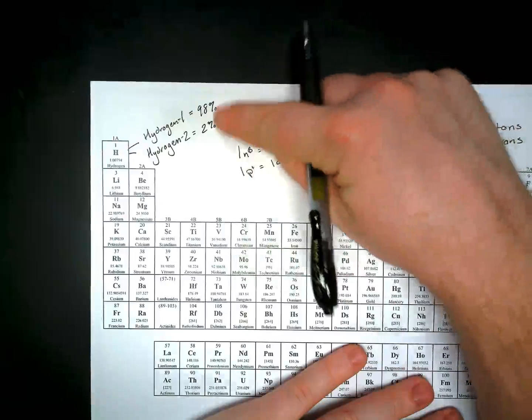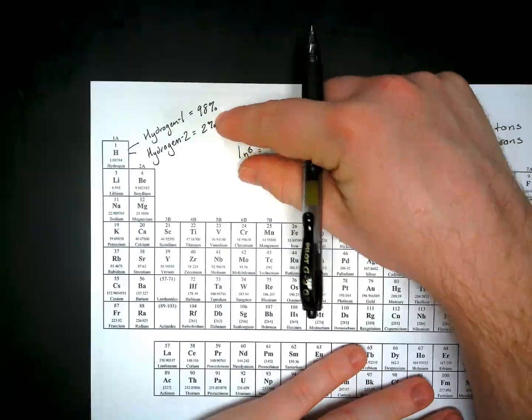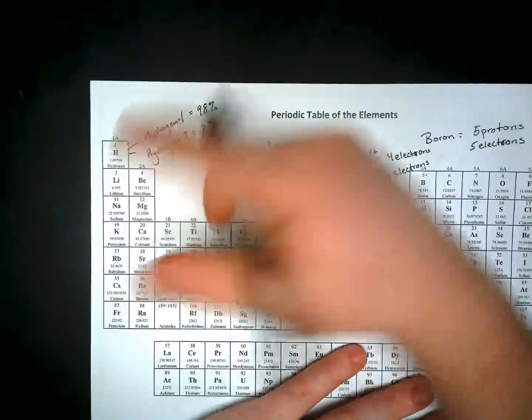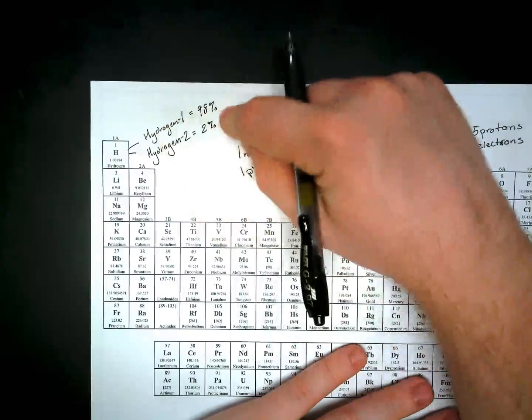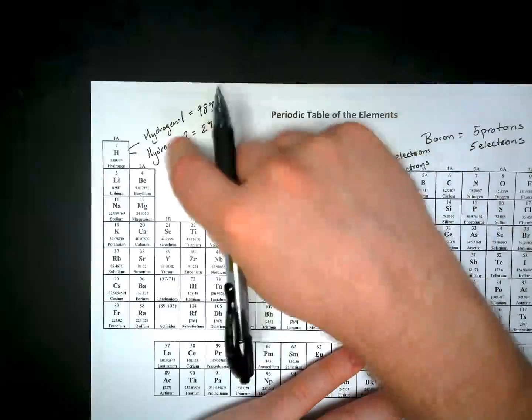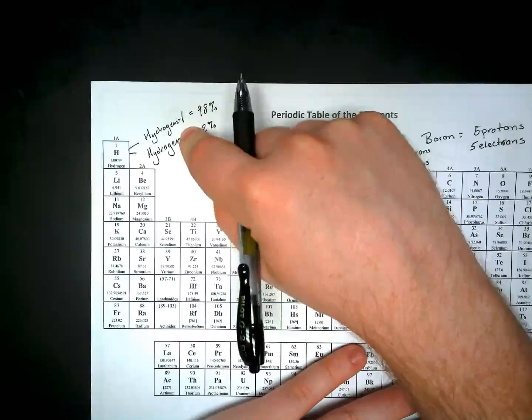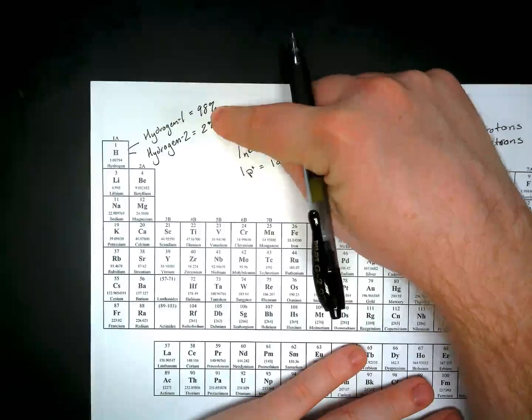Now, why do we need to know the percentages here? Well, the percentages go towards the average. So more or less, what scientists did to figure this number, they saw the number of hydrogen 1 isotopes floating around and saw, oh, wow, there's a lot of them.